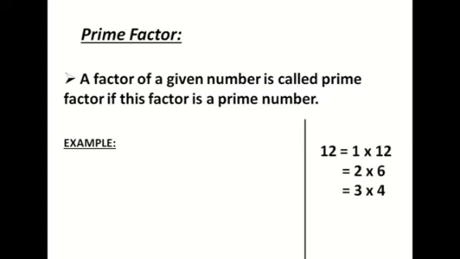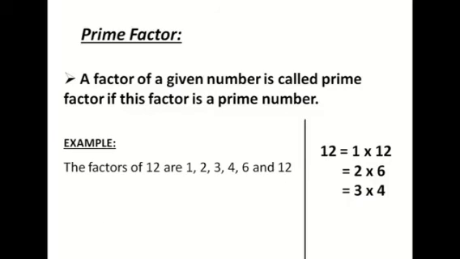12 I am factorizing as 1 12s are 12, 2 6s are 12, 3 4s are 12. So all the factors are 1, 2, 3, 4, 6 and 12. Now tell me, which of these factors are prime numbers? 1 is neither a prime nor a composite number. 2 is a prime number. 3 is a prime number. 4, 6 and 12 are not prime; they are composite numbers.